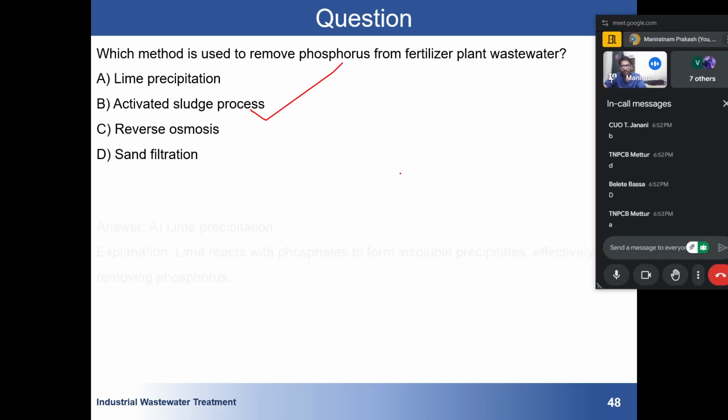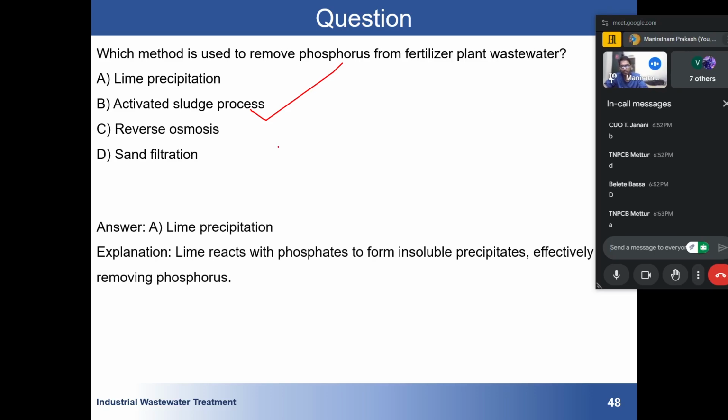Yes, the correct answer is A, that is lime. Lime is calcium. When calcium is added with this PO4, it will form Ca3(PO4)2 and other forms may also be produced.